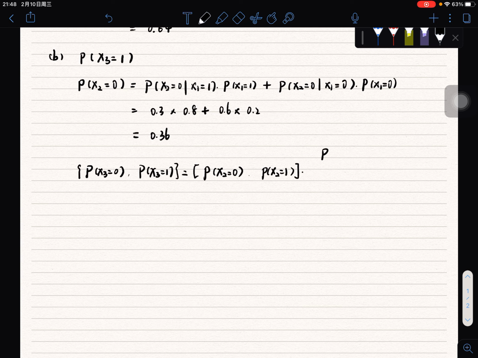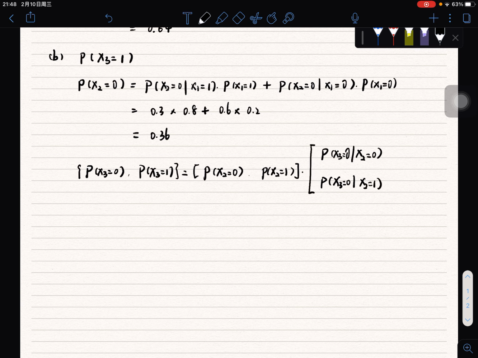Here the first row is the probability of x3 equals 0 under the condition x2 equals 0, and the second row and first column is the probability of x3 equals 0 under the condition x2 equals 1.